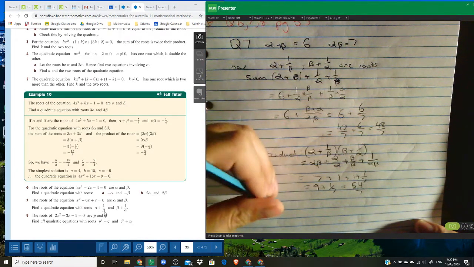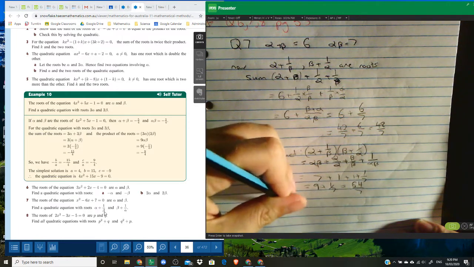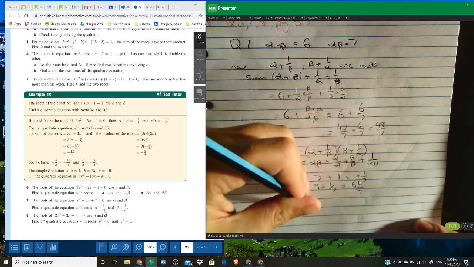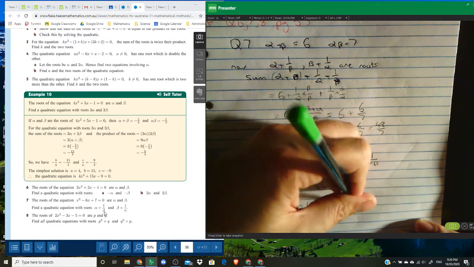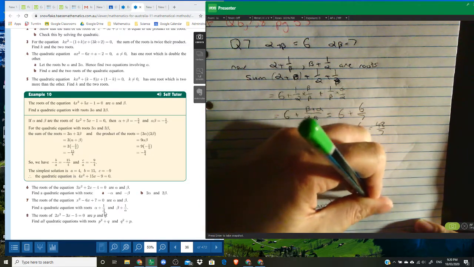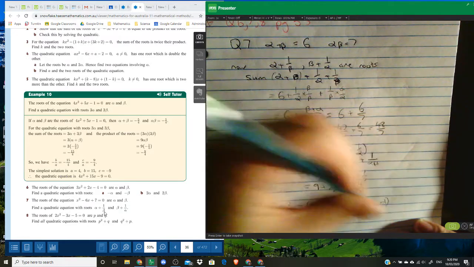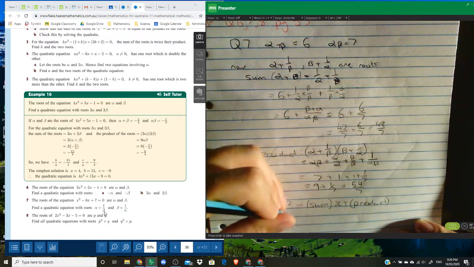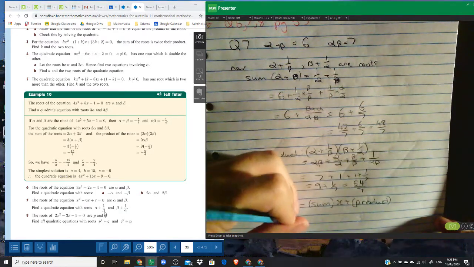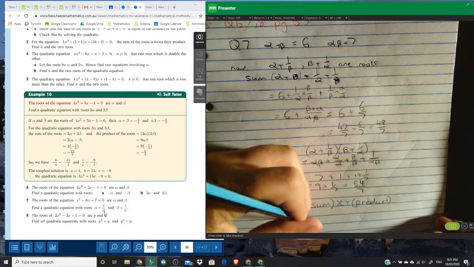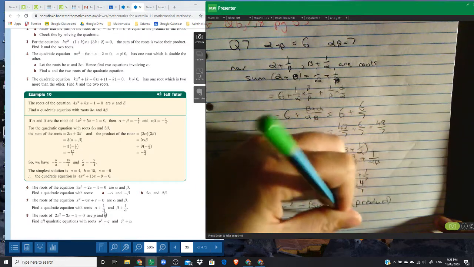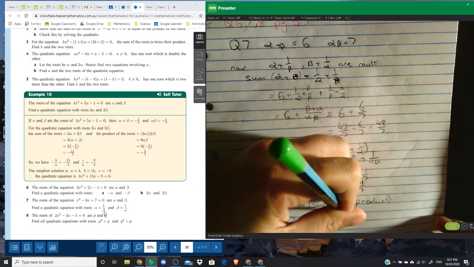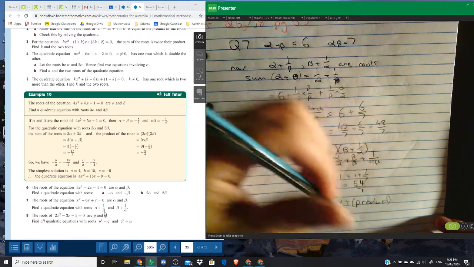So remember, x squared minus the sum of the roots, x plus the product. So thereby, x squared minus 48 on 7, x plus 64 on 7.